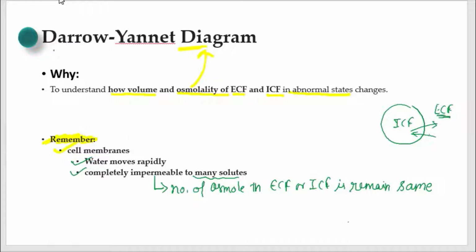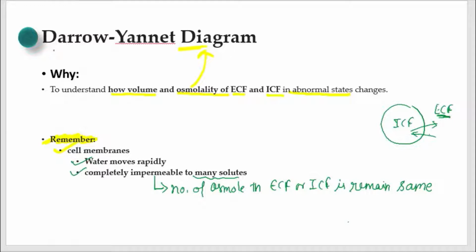And when the ECF volume or osmolarity changes, it reflects in the volume or osmolarity of the ICF, as we will discuss in the next slides.